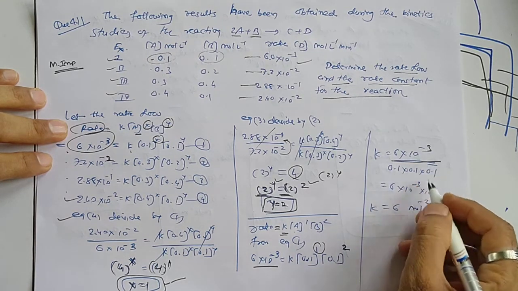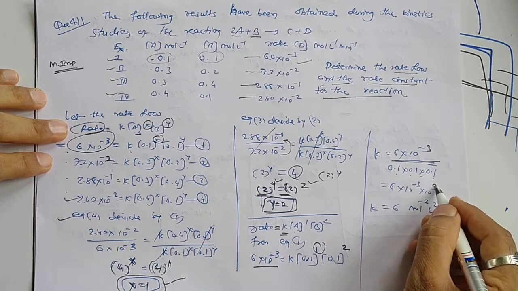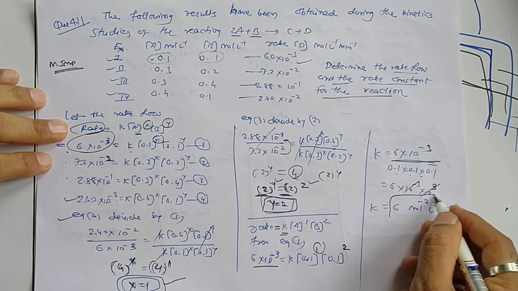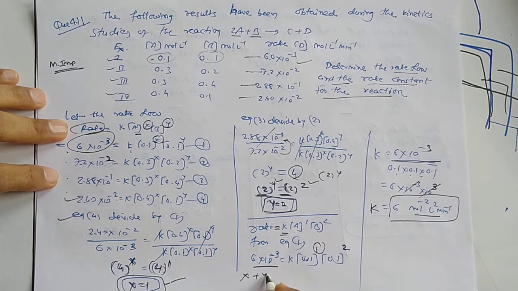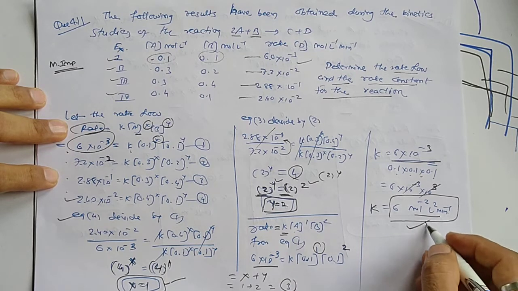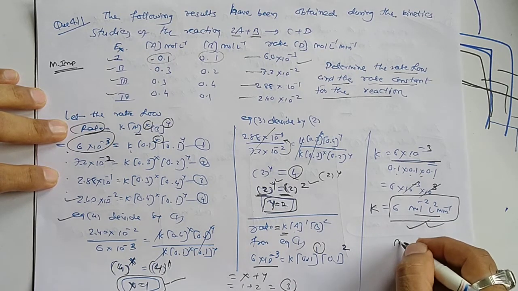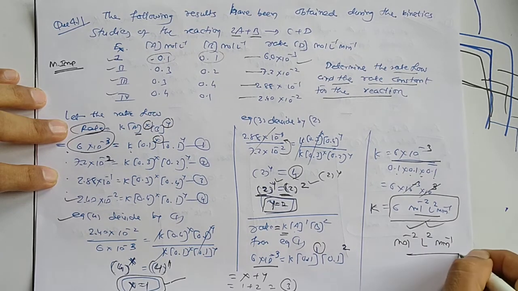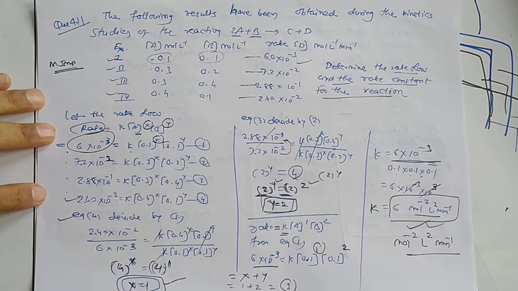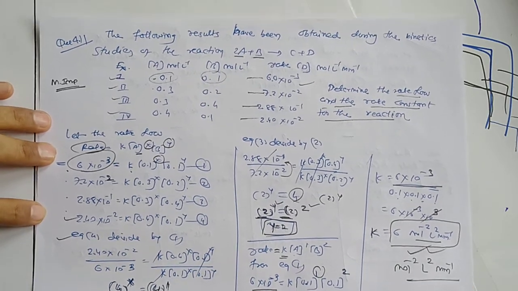Here 10^-3, here minus 3, so k equals 6. The unit is of third order. Why? x plus y, total order of reaction is 3. The unit is of third order: mol^-2 L^2 min^-1.